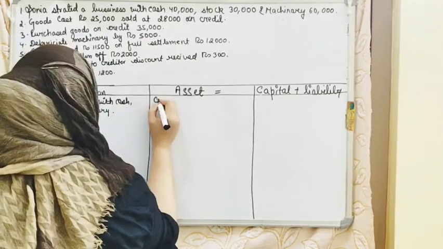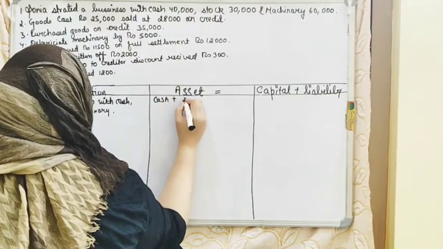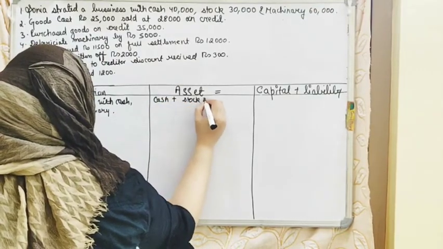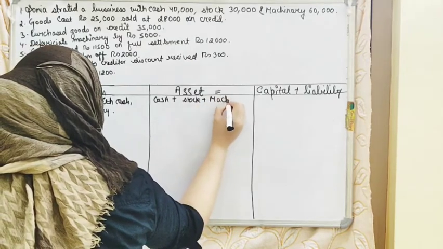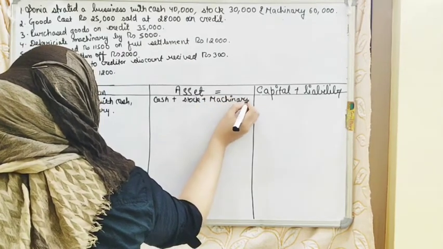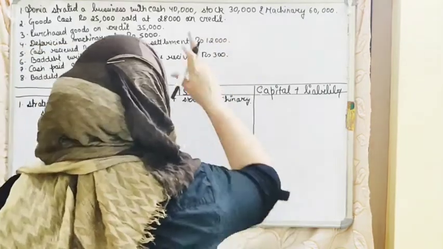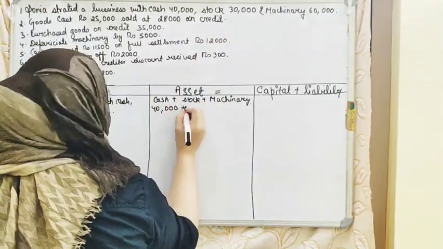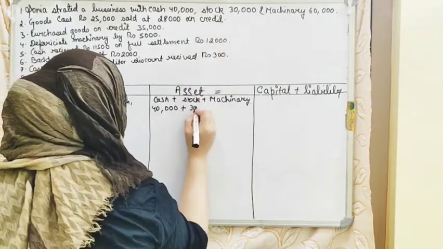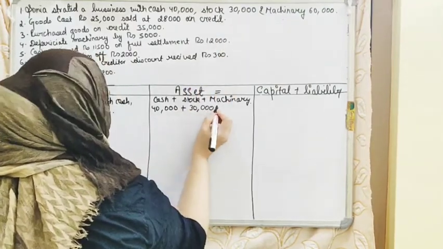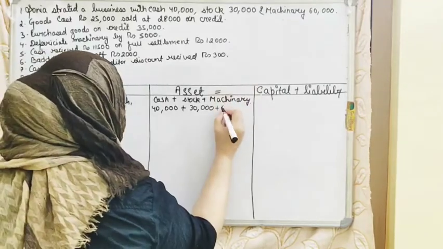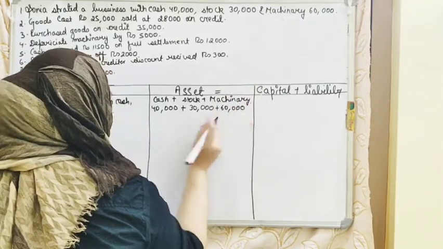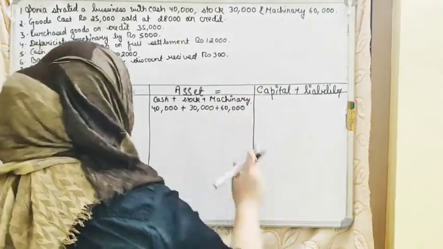So we'll write cash plus stock plus machinery. Simply we'll copy down the amounts, that is 40,000 in addition to the 30,000 stock and in addition to 60,000 of machinery. That comes to a total of 1,30,000.